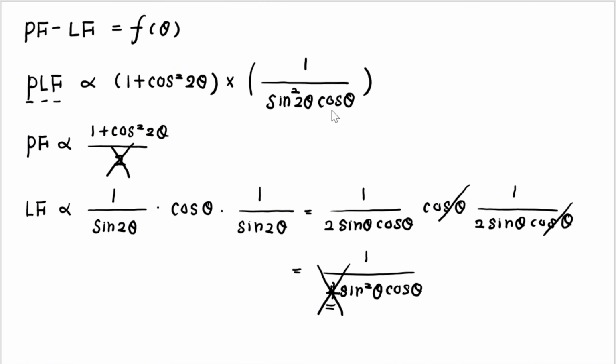So the final result is simply combining all: 1 plus cosine 2 theta square over sine theta square cosine theta. That's one mistake, not sine 2 theta.